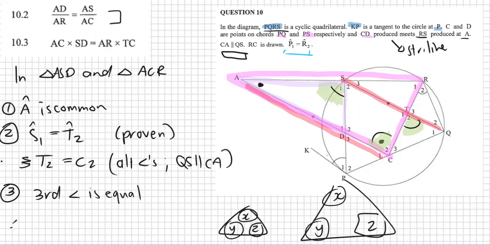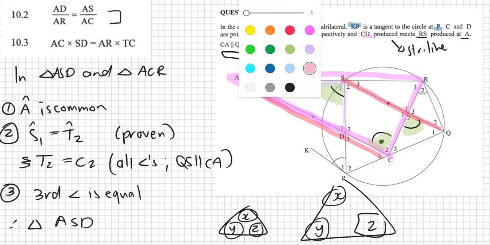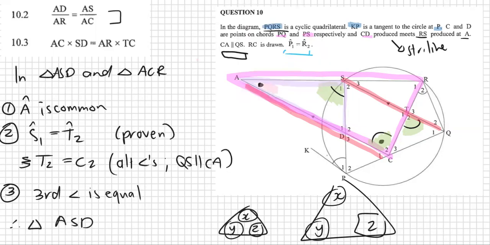So therefore we have triangle ASD, and here order matters. You start with A, so then you have to start the same place on the other side. Similarity goes this way, similar but not similarity, three lines upwards.